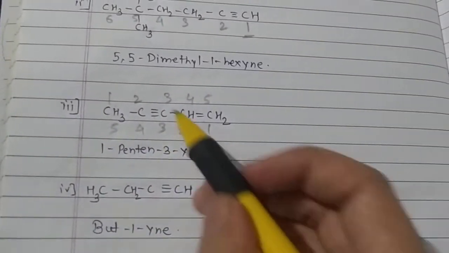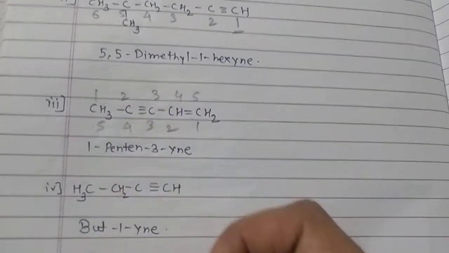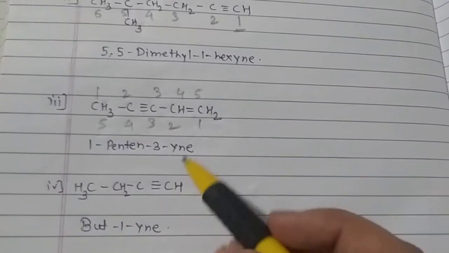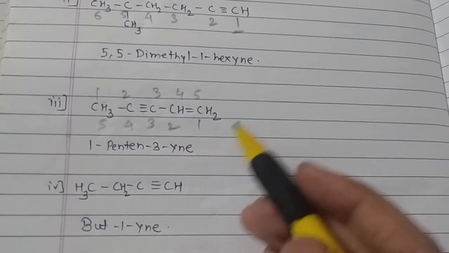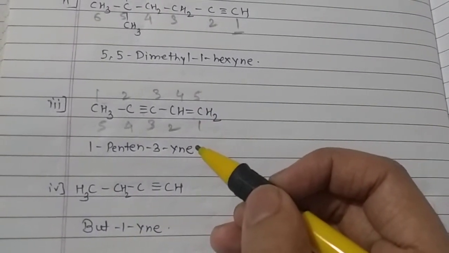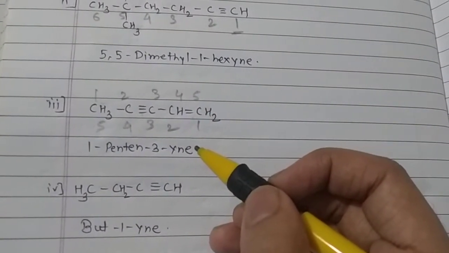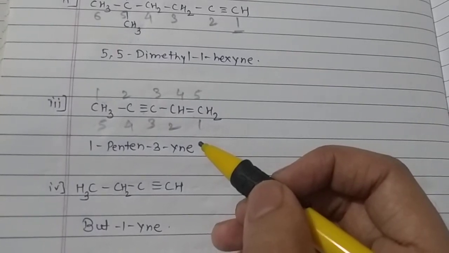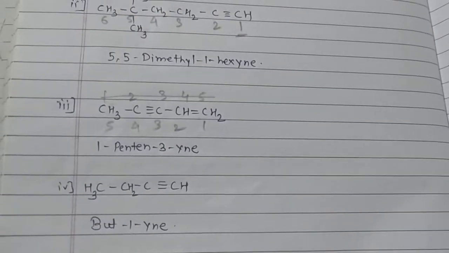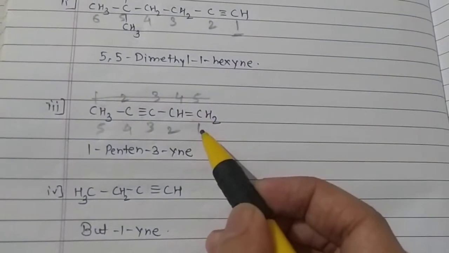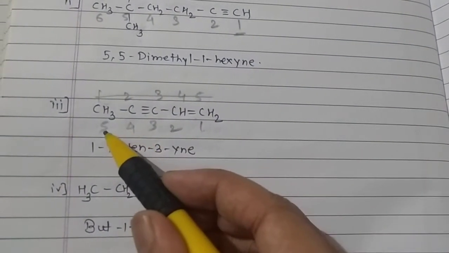So either from left to right or from right to left could be done. So alkyne and alkene, alkene dominates. So numbering should be done from the alkene side and not from the alkyne side. So 1 2 3 4 5.